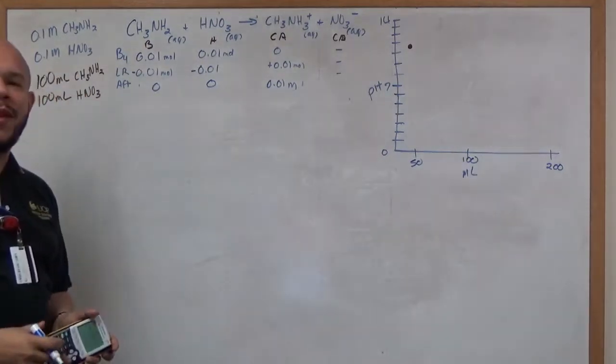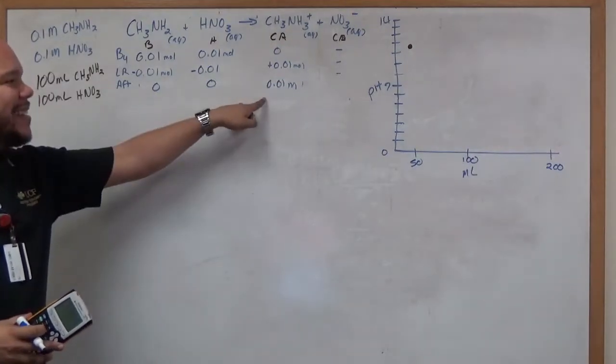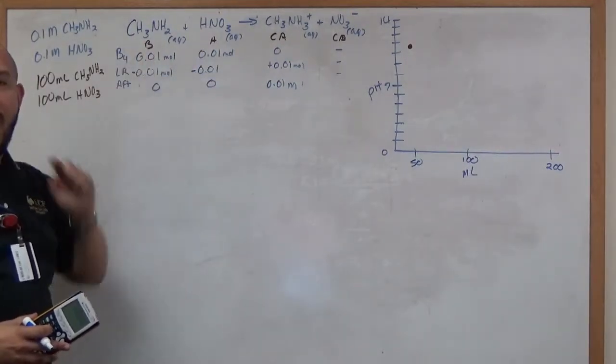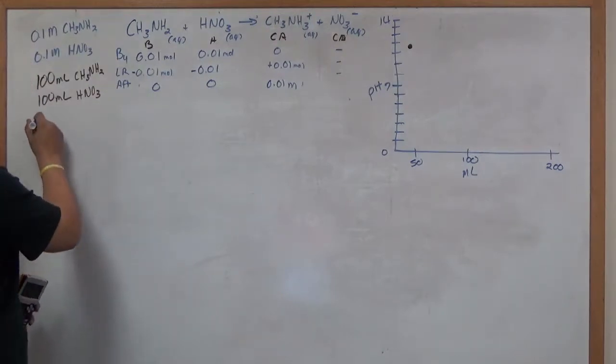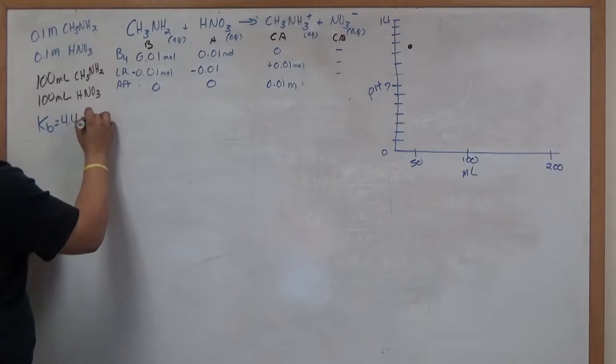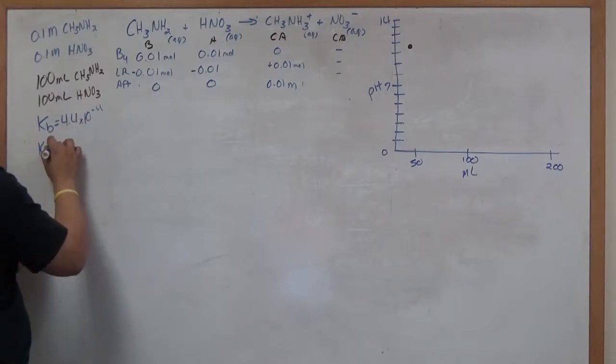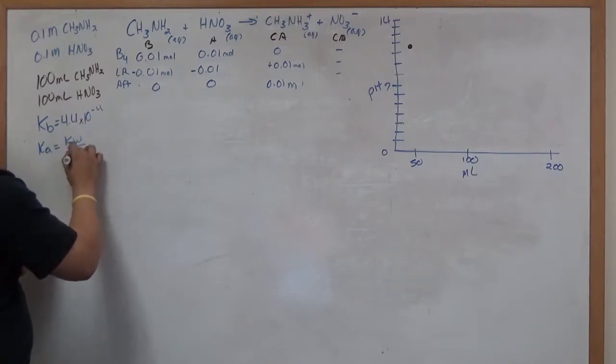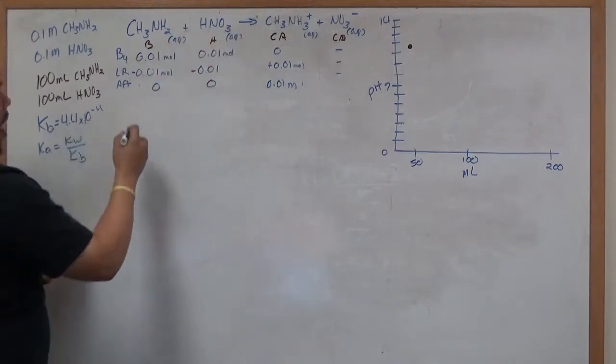Now we are left with the conjugate acid of our base that we've been working with. So this is another place where we need to look at Kb, 4.4 times 10 to the negative 4, and we need to solve for the Ka, because now we are in acid land. Why?